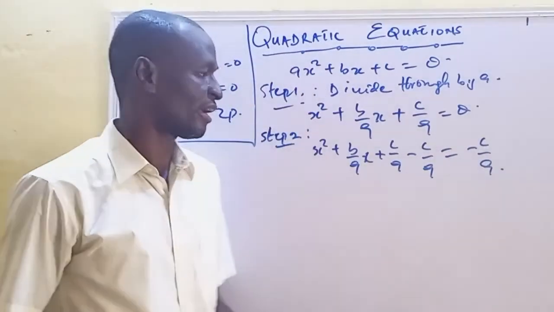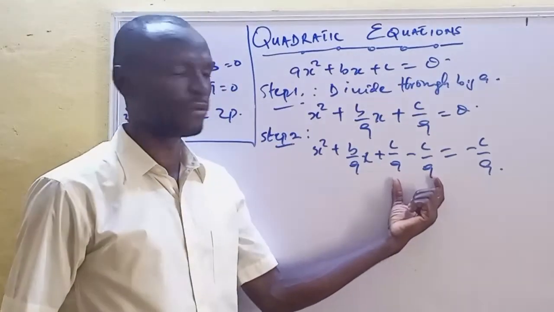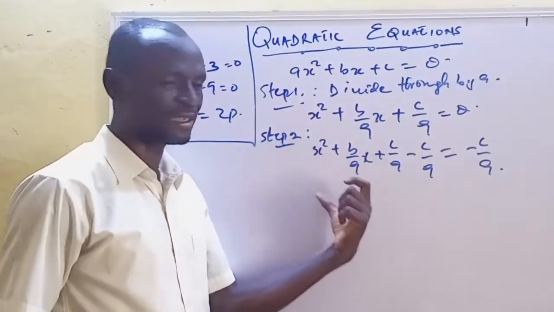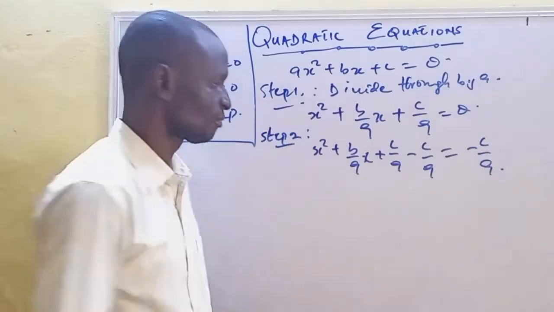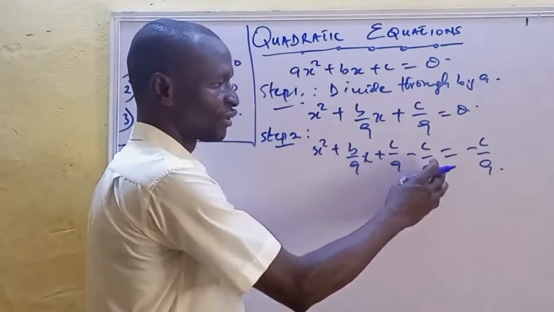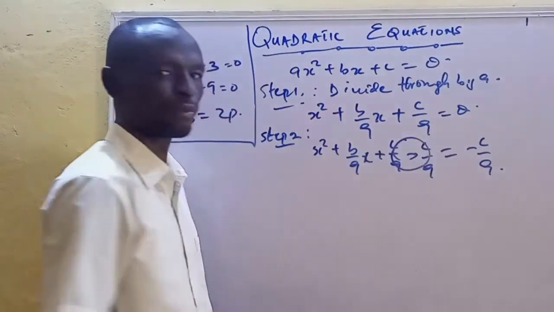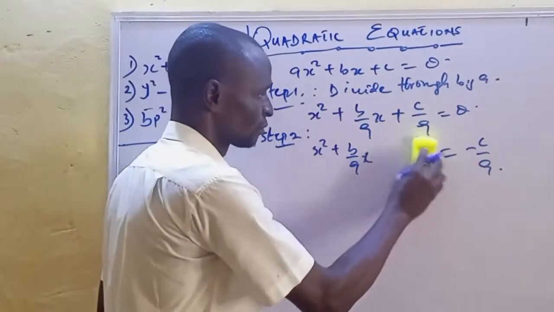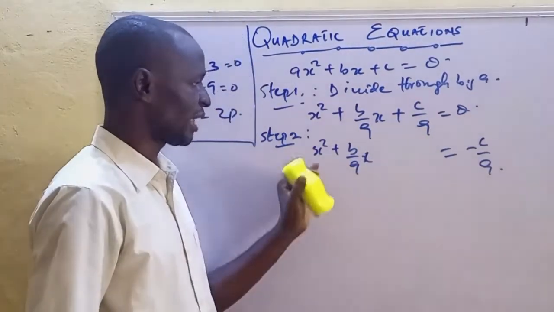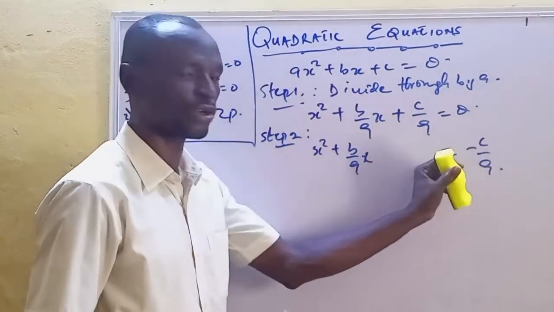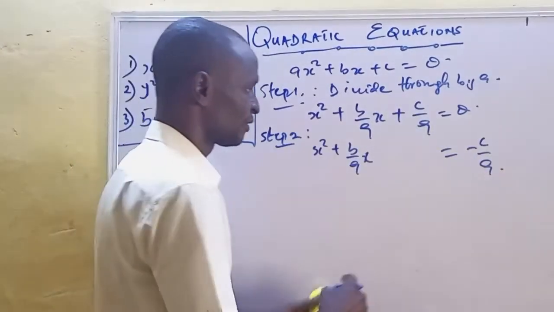What have I done here? I have basically moved my c over a from this side to the other side, so that c over a minus c over a is 0. So that x squared plus b over a x is equal to minus c over a.